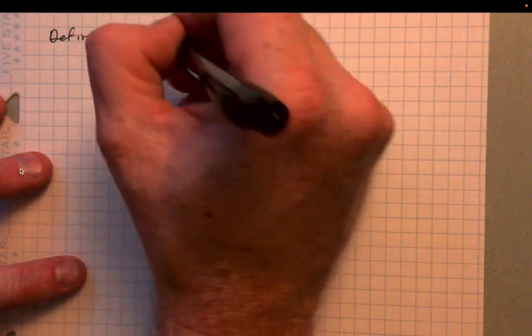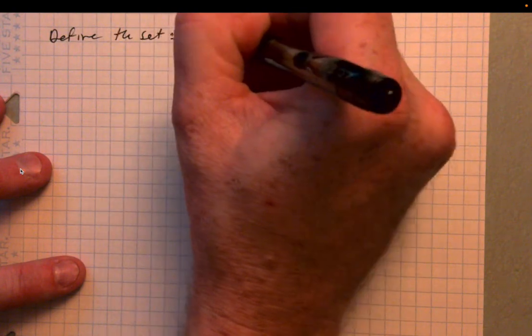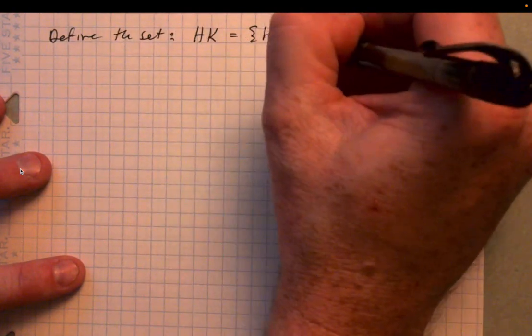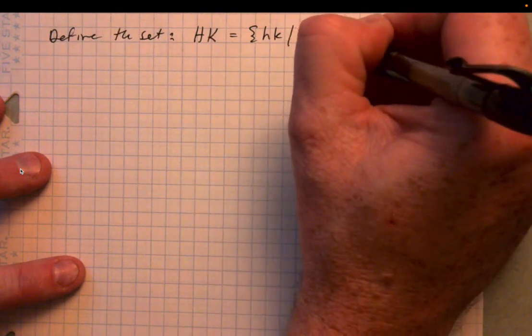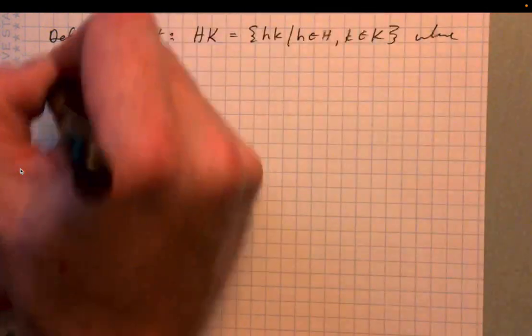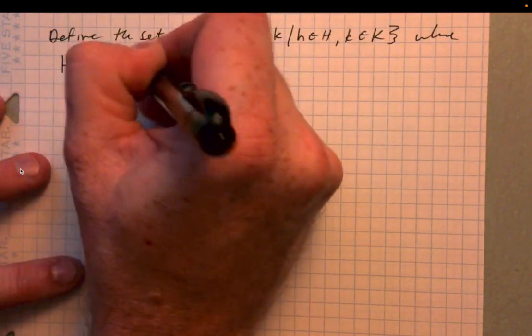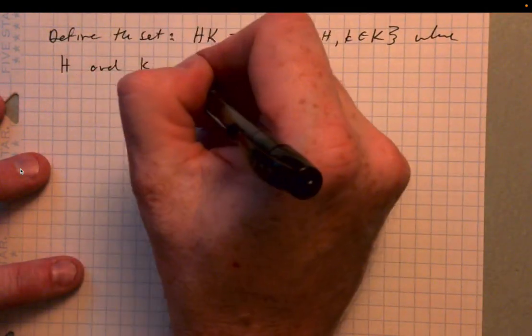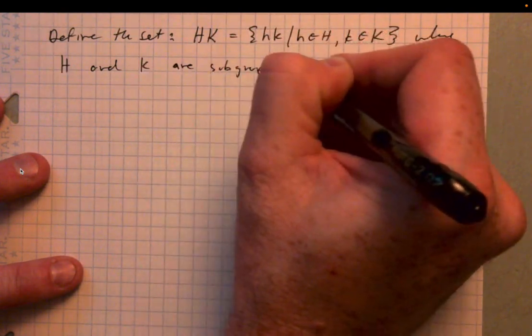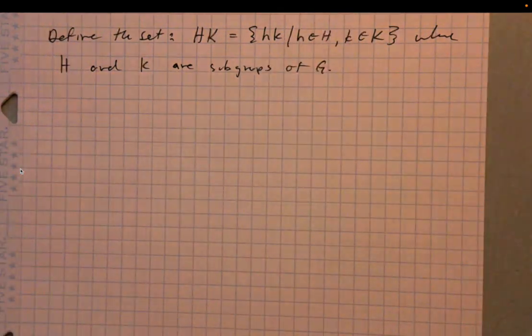Define the set HK equal to the set of all the products of h and k such that h is in a subgroup H and k is in a subgroup K, where H and K are subgroups of G. So I've got some group G, and H and K are subgroups of G, and then I define this set HK.